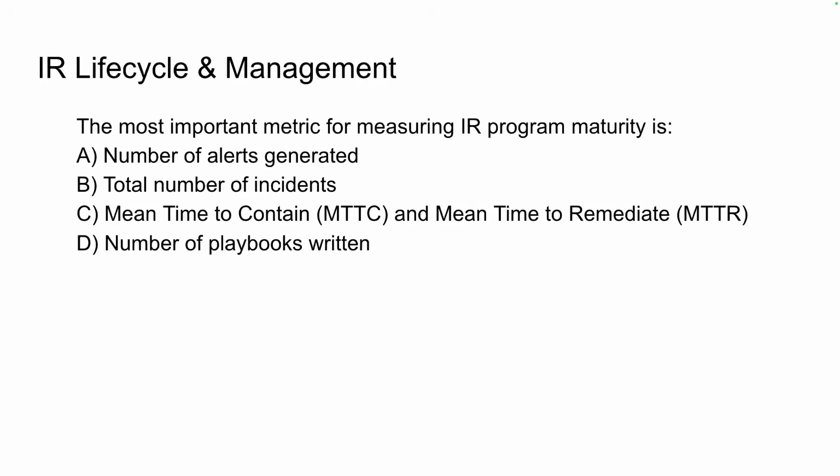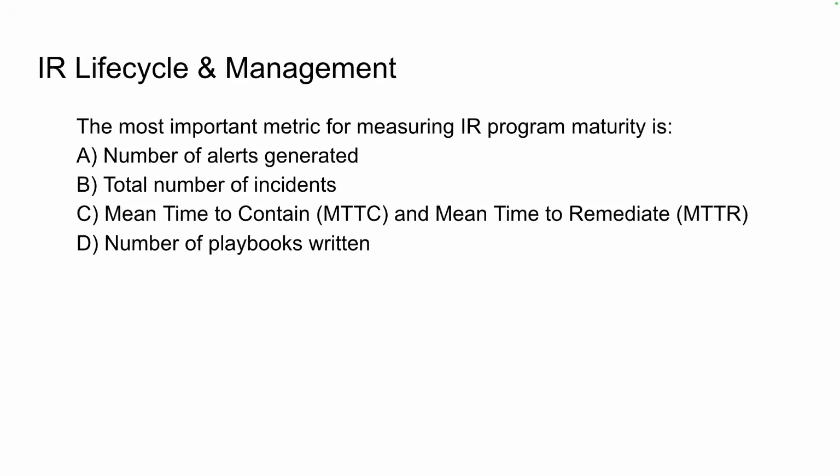The most important metric for measuring IR program maturity is the number of alerts generated, the total number of incidents, mean time to contain and mean time to remediate, or number of playbooks written. Total number of incidents has nothing to do with that. I guess we can't technically say that. If we have a really good incident response program, we should have a low number of incidents. I can convince myself of that, but it's not the most obvious answer.